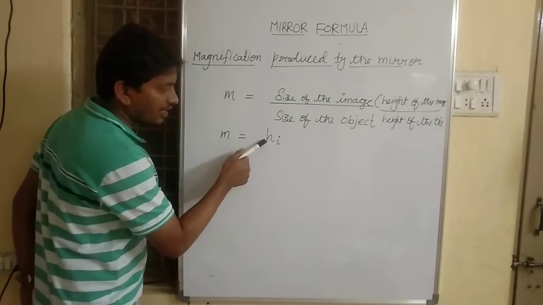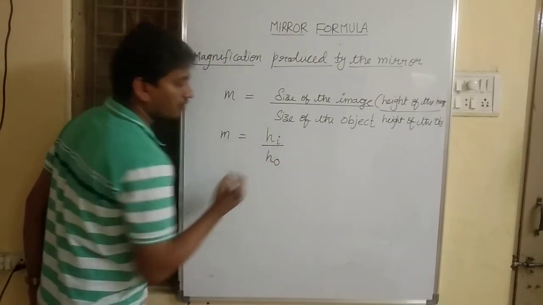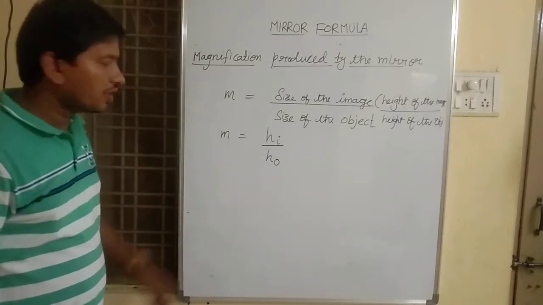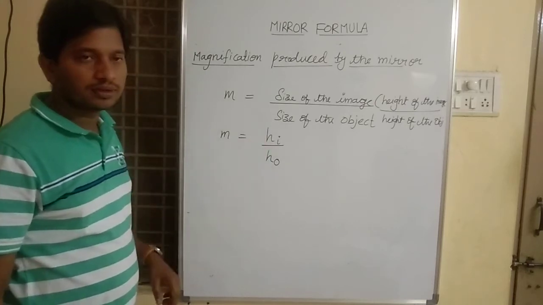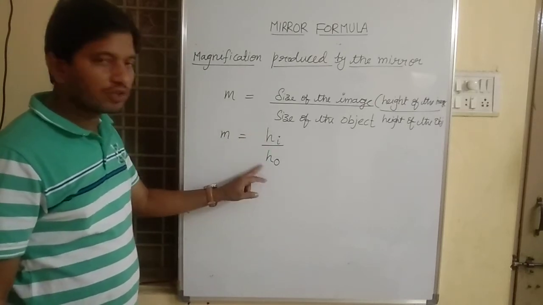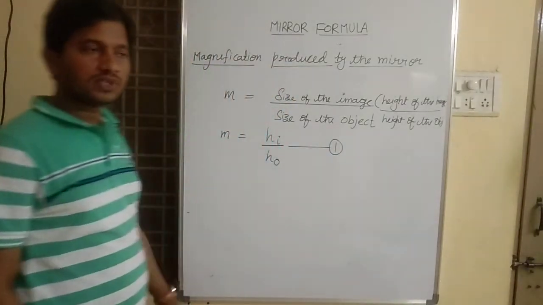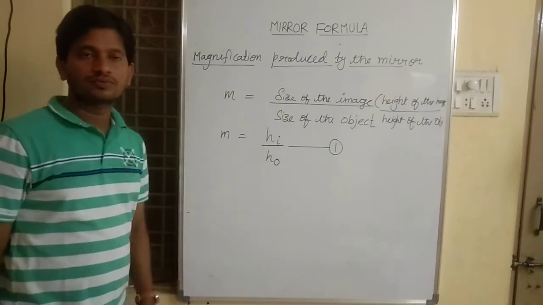So H means height, I means image: height of the image to the height of the object. Magnification is nothing but the ratio of size of image to the size of object, height of the image to the height of the object. This is our equation number 1. M equal to Hi by Ho.